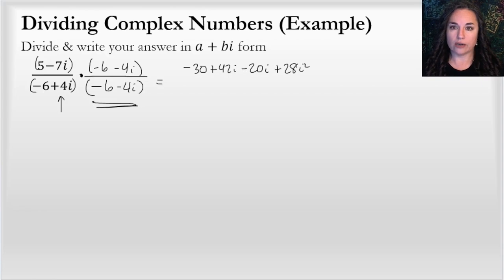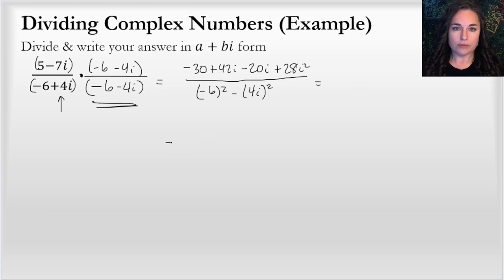So I FOILed it out: first, inner, outer, last. That technique. On the bottom, I'm going to do my difference of squares. I'm going to get -6 squared minus 4i squared, and I will be able to simplify that.